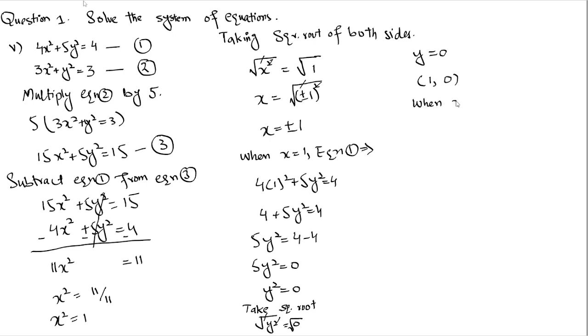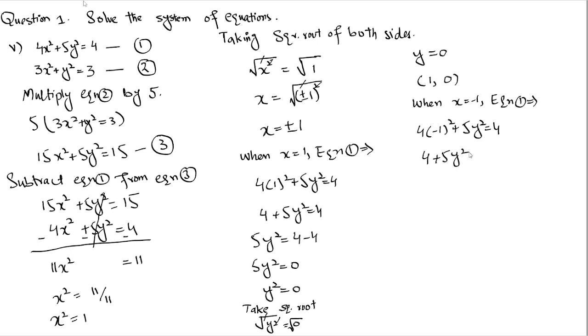When x is equal to minus 1, then equation number 1 implies that 4 into minus 1 square plus 5y square is equal to 4. Now minus 1 square is 1, multiplied with 4 is 4.